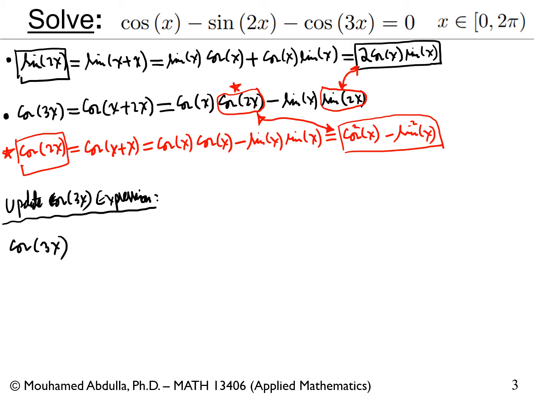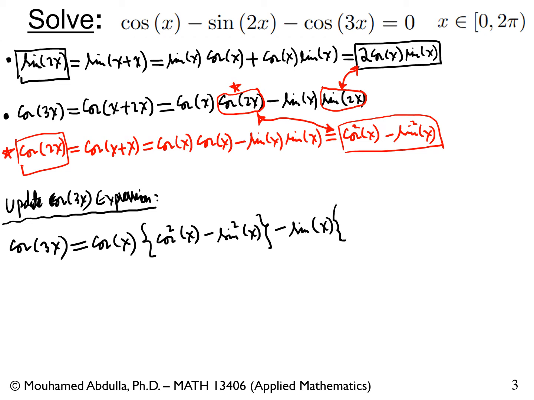So cosine of 3x is now equal to cosine of x multiplied with cosine of 2x, which happens to be cosine squared of x minus sine squared of x, minus sine of x multiplied by sine of 2x, which is simply 2 cosine of x sine of x.